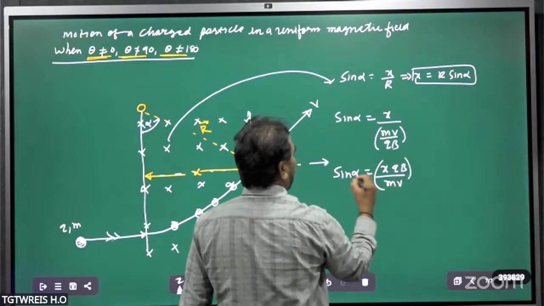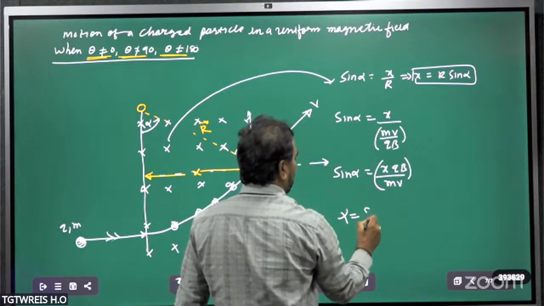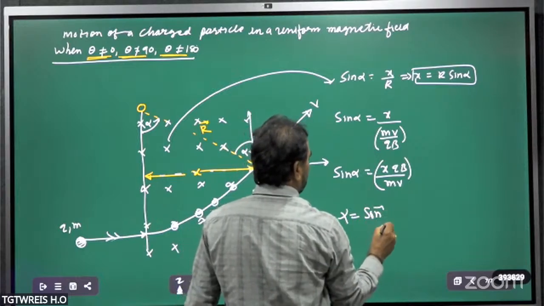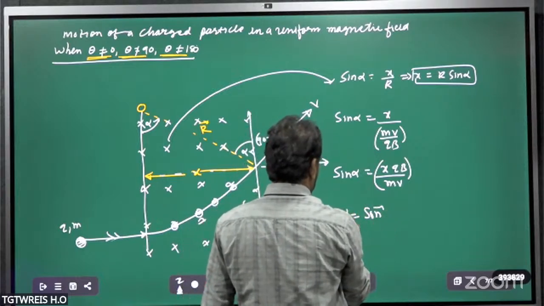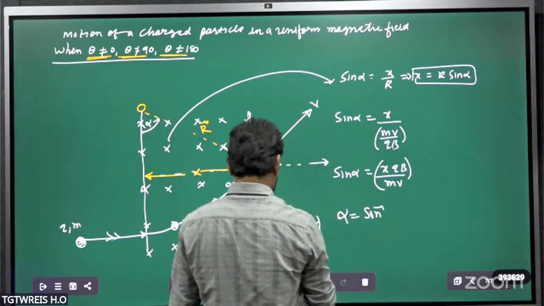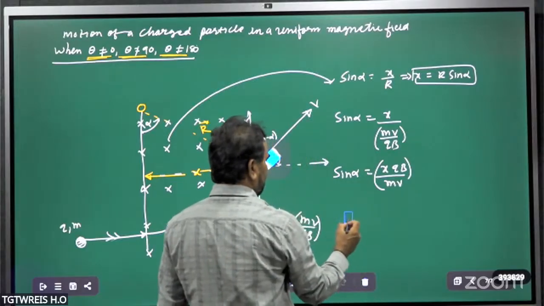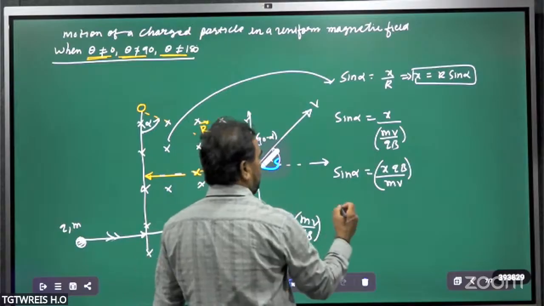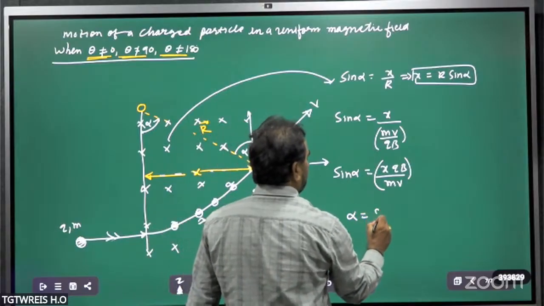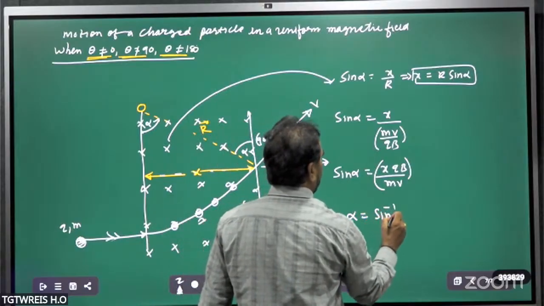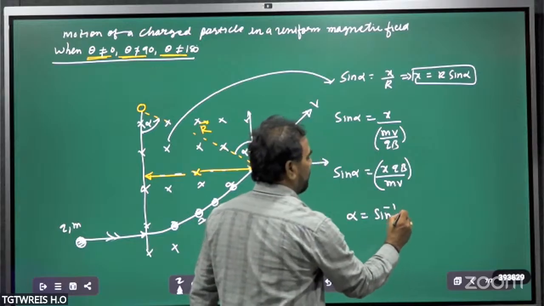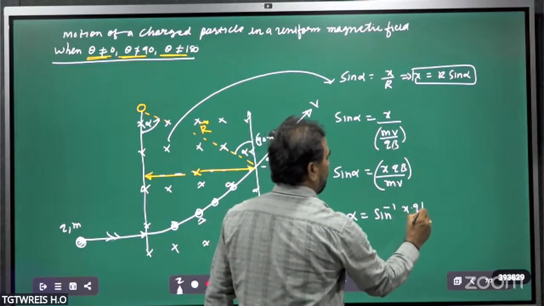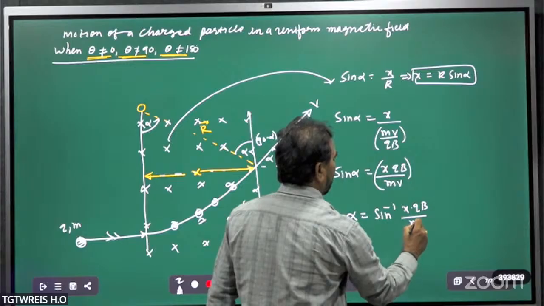We have to calculate alpha. Alpha is equal to sin inverse of x into qB upon mv.